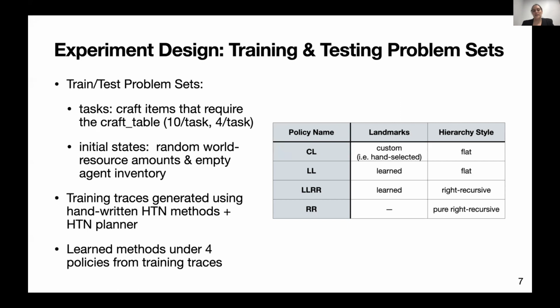And for all of these, the initial state was randomized so that there were random numbers of resources in the world that the agent could gather, but the agent had to start with an empty inventory. We used an HTN planner to generate the training traces. And then we learned methods using our algorithm under these 4 policies from the training traces, and tried to solve our test problems with them.